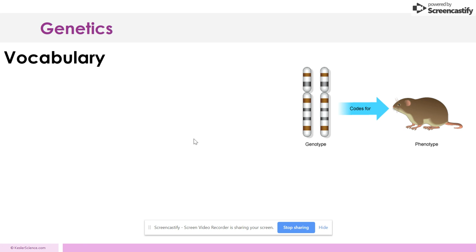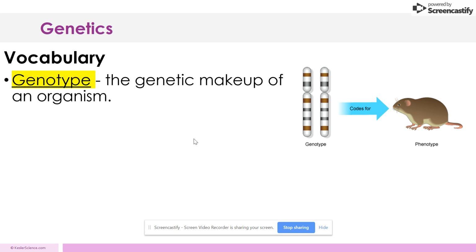Some more vocabulary that we want to make sure we add to our glossary. First word is genotype. Genotype is the genetic makeup of an organism. Here, this is supposed to be a chromosome, and we have two chromosomes here, and we have some gene pairs selected.